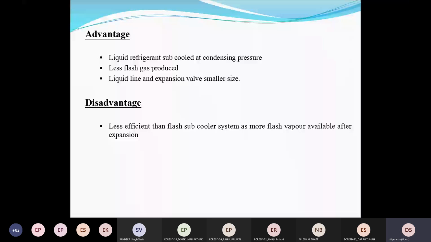Liquid line and expansion valve of smaller size, because we are transferring the liquid at a higher pressure, so our liquid line can be smaller and the expansion valve can be smaller because we have got more pressure difference available between the expansion valve input and output. Less efficient than the flash subcooler system, which has more flash vapor available after the expansion.